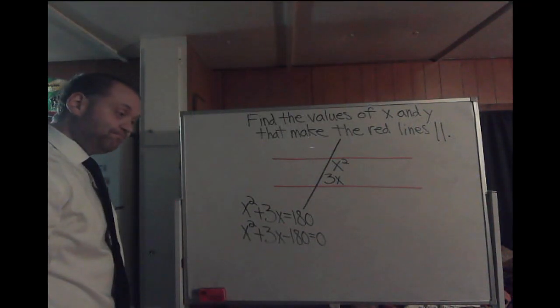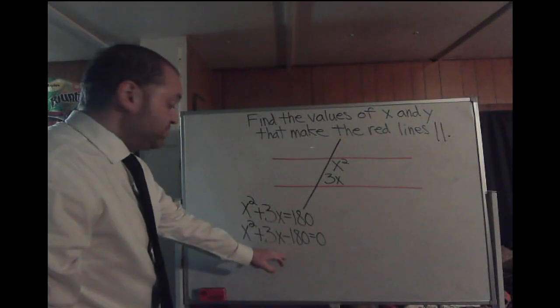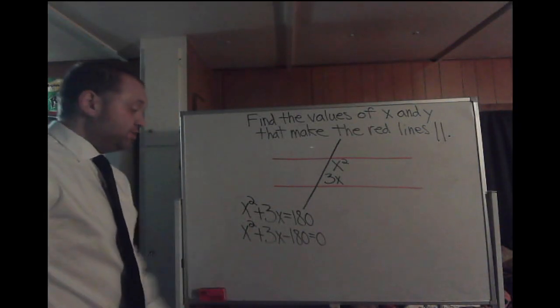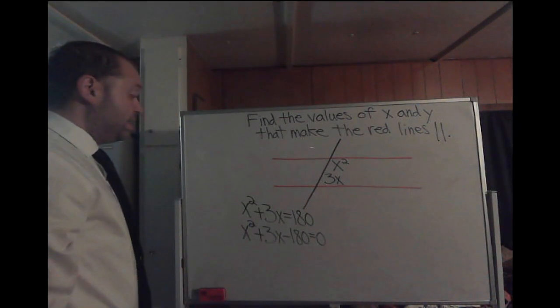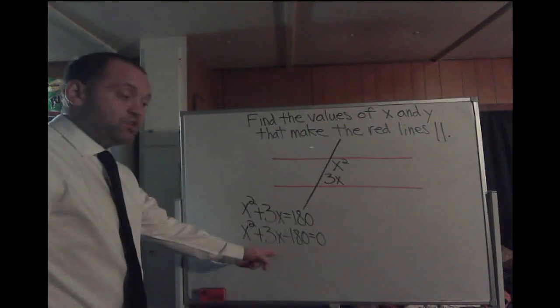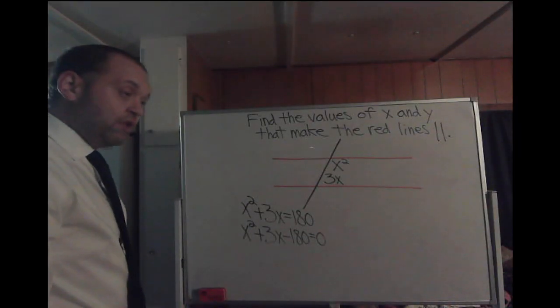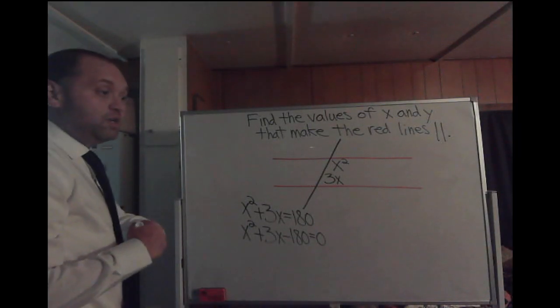Well, I can tell you right now this isn't going to factor. We know it's not going to factor, is it? And completing the square is not going to be a pleasant experience because you're going to get fractions. That leaves us with no real other option but to use the quadratic formula.